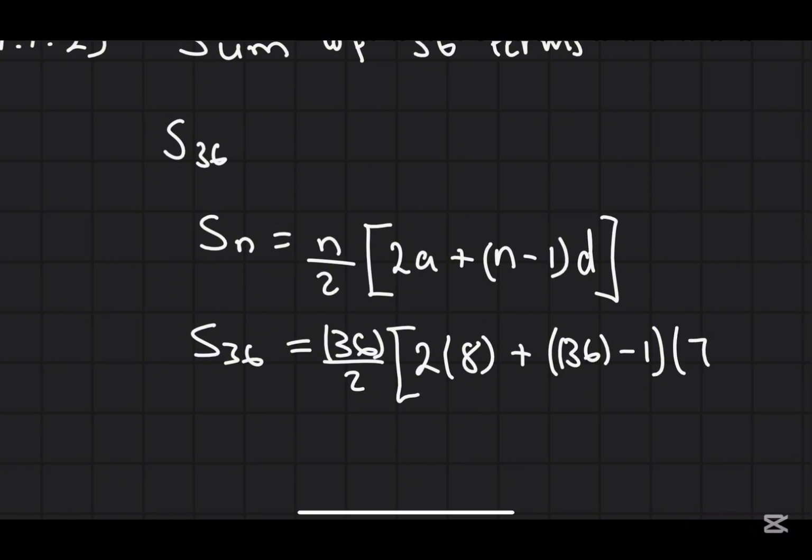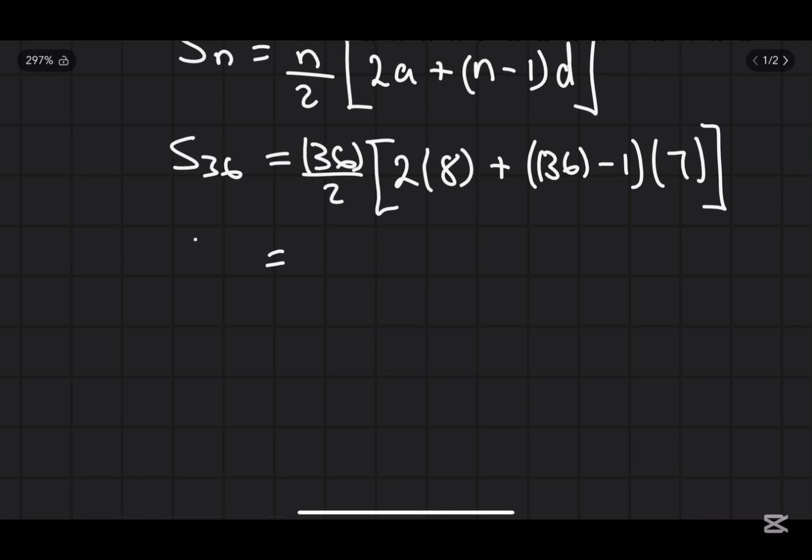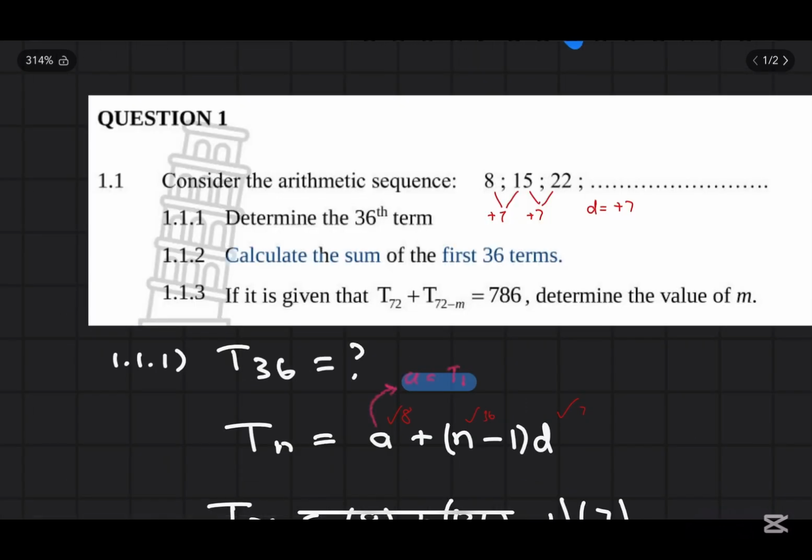Our d was plus 7), all of that in brackets. At this point, you can simply use your calculator and we should get an answer of 4698. That is the answer. So that is complete.